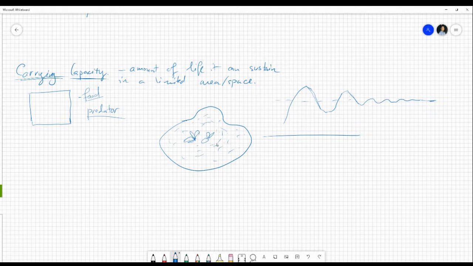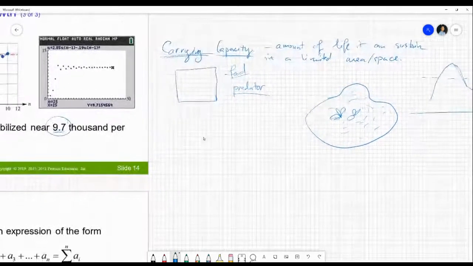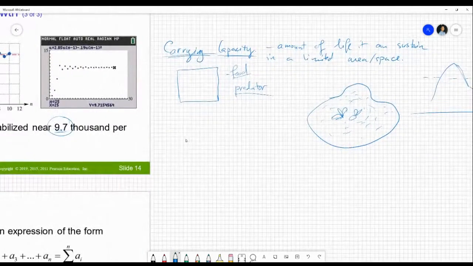So therefore, there's that balance in life, right? If you have enough resources for a limited number of people or living things, then you can sustain that forever. If we use that for, I don't know, the world population, then we're in trouble because we have limited water, we have limited natural resources such as oil and oxygen.